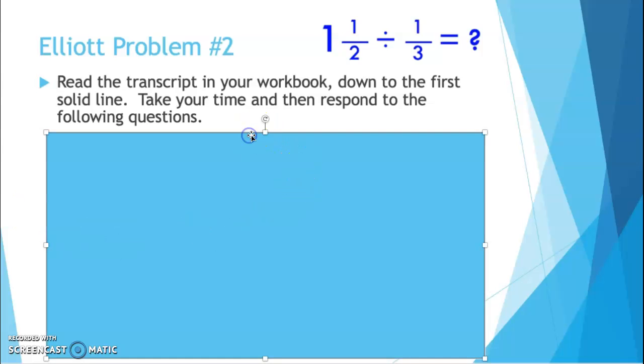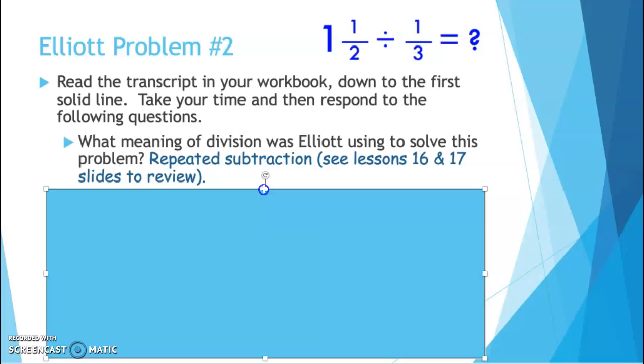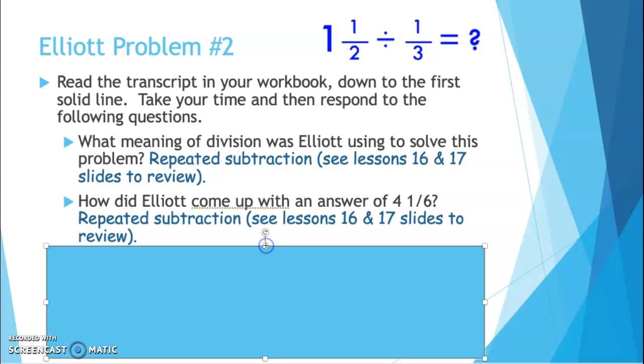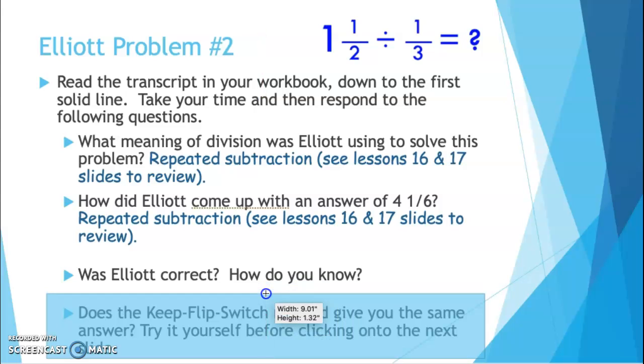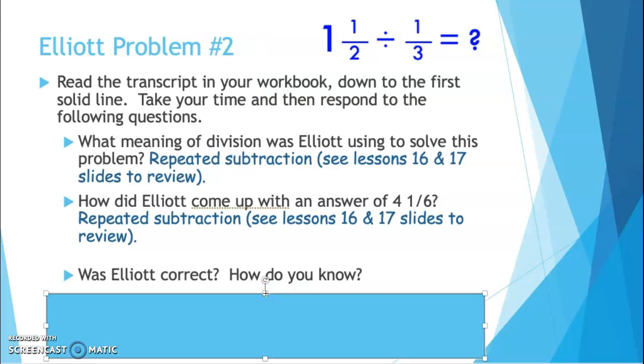Okay, so let's take a look. What's the meaning of the division that Elliott used to solve this problem? He was using repeated subtraction. How did Elliott come up with the answer of 4 1/6? Again, repeated subtraction. Do you know Elliott was correct?